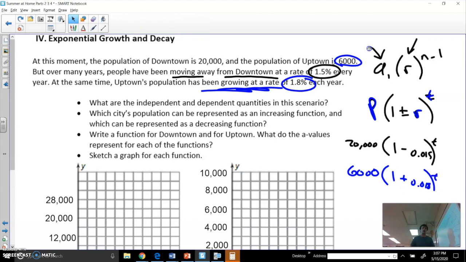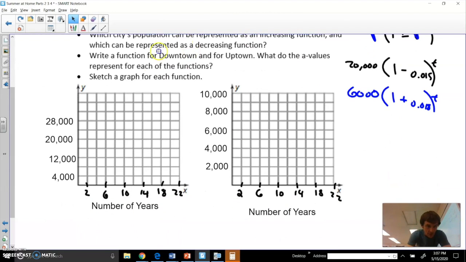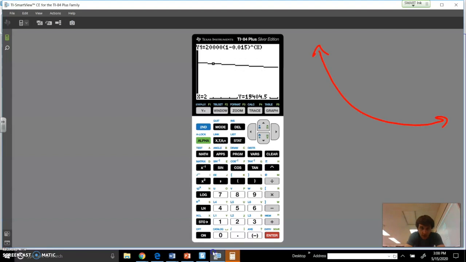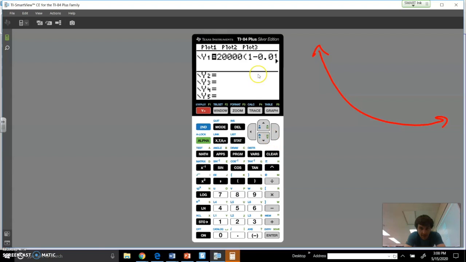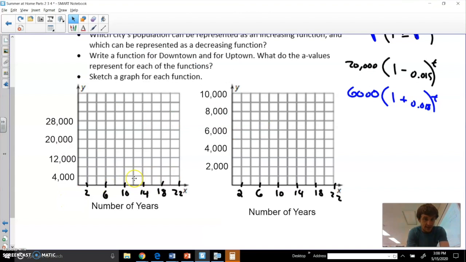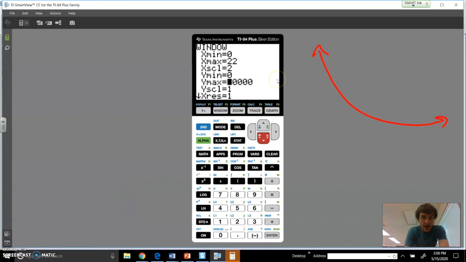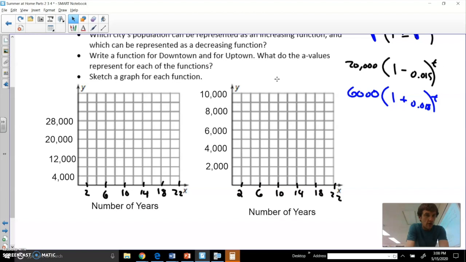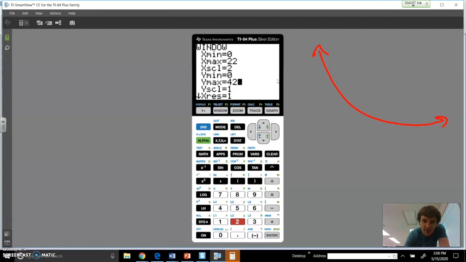So I thought I would use a graphing calculator here to get us a graph going. I have typed it into our equation editor. We're going to go 0 to 22, going by 2s for the x-axis at the bottom. And for the y-axis, I want to go 0 to, let's see, maybe 42,000, something like that, and we're going to go in units of 4,000.